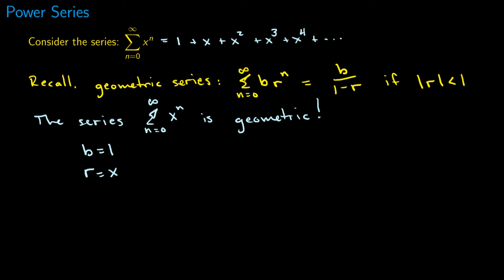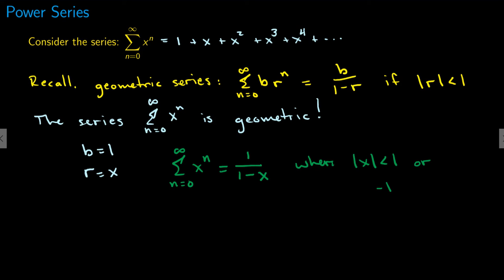And this is great because that means the sum from n equals 0 to infinity of x to the n, our power series, is going to converge to, b was 1, so I have 1 over 1 minus, our r is x, so I get x, when the absolute value of x is less than 1, or sometimes we just write that x is between -1 and 1.